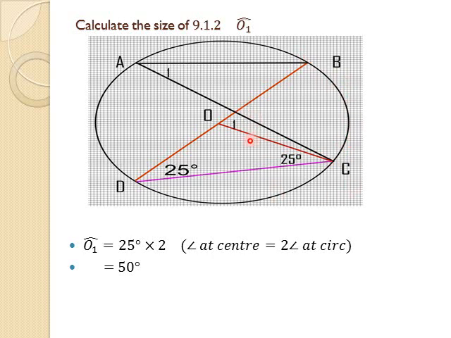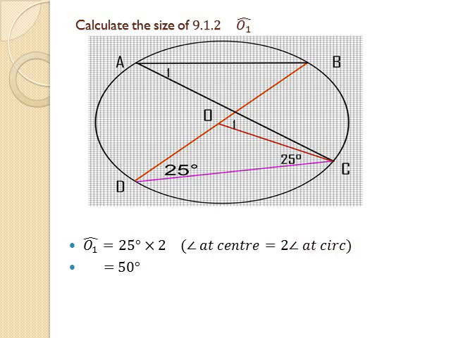If I take O1 and go back, O to C and O to B, that's also subtended by the same arc BC. So the arc BC subtends the angle O1 at the center and the angle at the circumference D of 25 degrees. Therefore, O1 equals 2 times the angle at circumference. So O1 is 25 times 2, which gives me 50. My reason: angle at center equals 2 times angle at circumference.